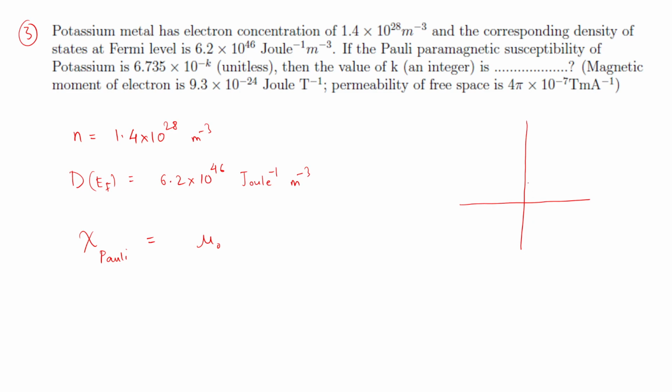So initially, let's say we have the density of states like this, with respect to the energy. Here is the density of spin up electrons, and here the density of spin down electrons.